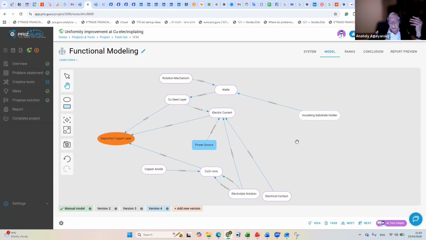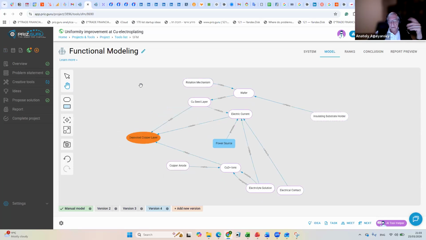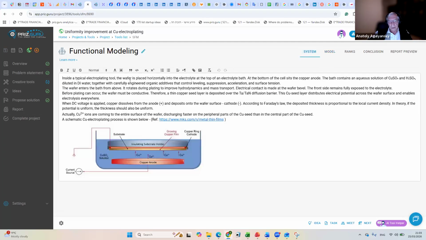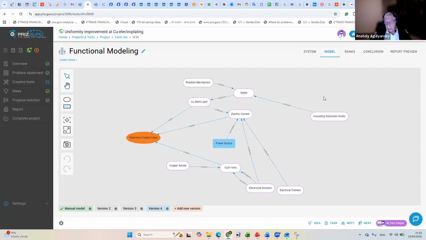There are two possibilities: we can modify the model, or we can modify the description, and when we modify the description, the model will be updated accordingly. Okay. But this helps a lot. This is what we can start with.